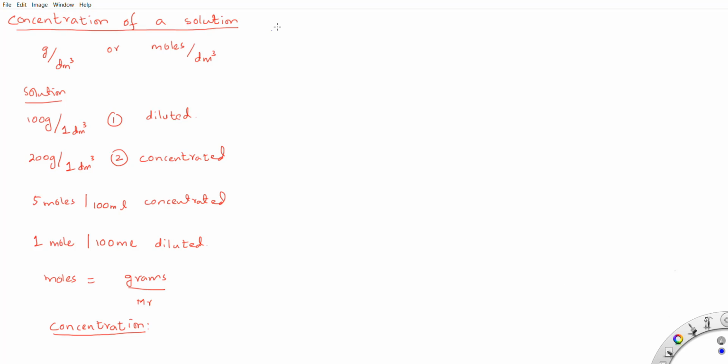That means concentration of a solution can be calculated as grams of solute divided by volume of solution in liters or cubic decimeters. It's the same thing. This is one concept or one formula.